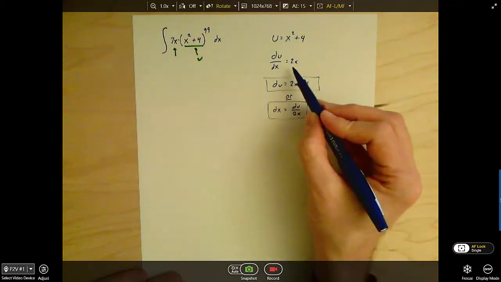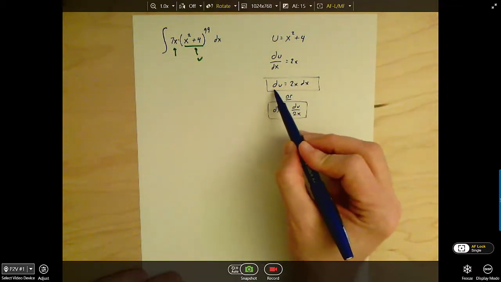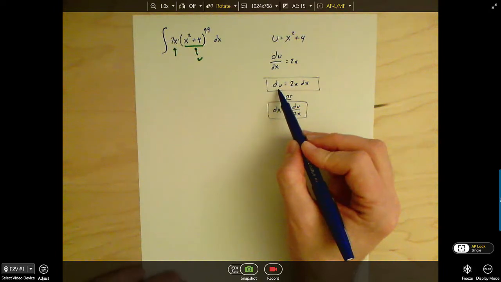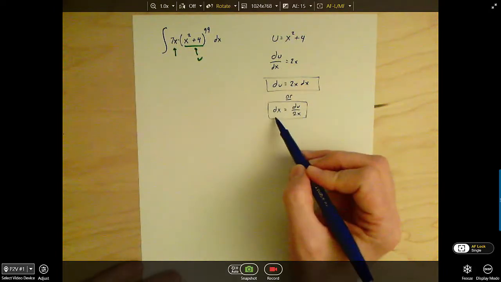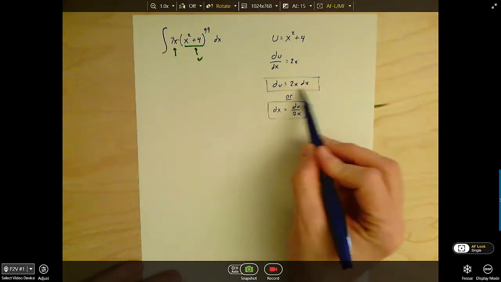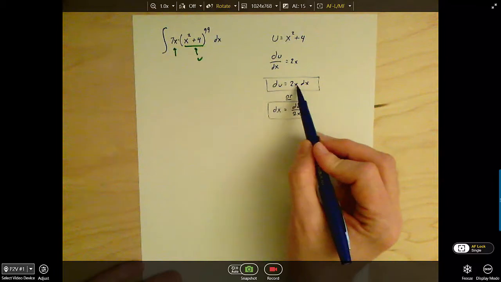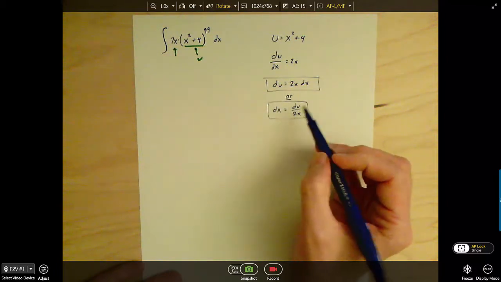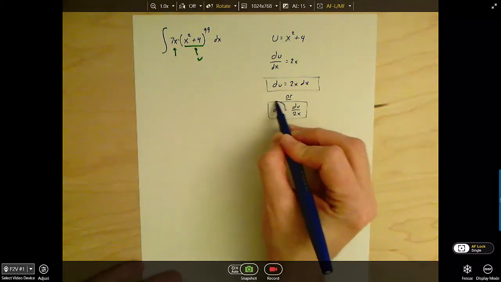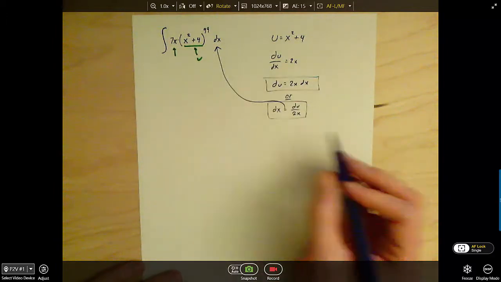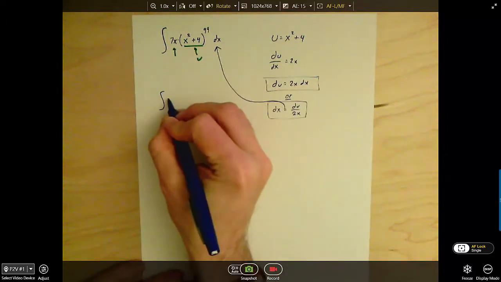I'm going to take the derivative. And the way that we did it before was I solved for du. Well, notice instead of solving for du, I could also solve for dx. So I'll just take this equation and divide both sides by 2x, and that gives me dx equals du divided by 2x. So if I wanted to, I could now substitute this in for the dx, and let's see what happens.